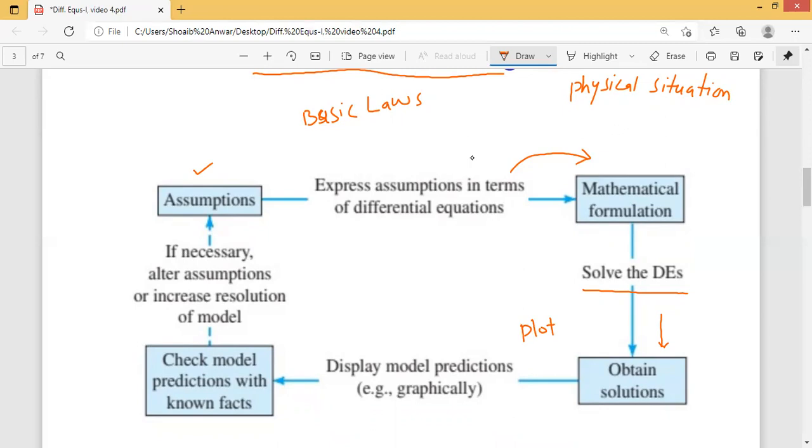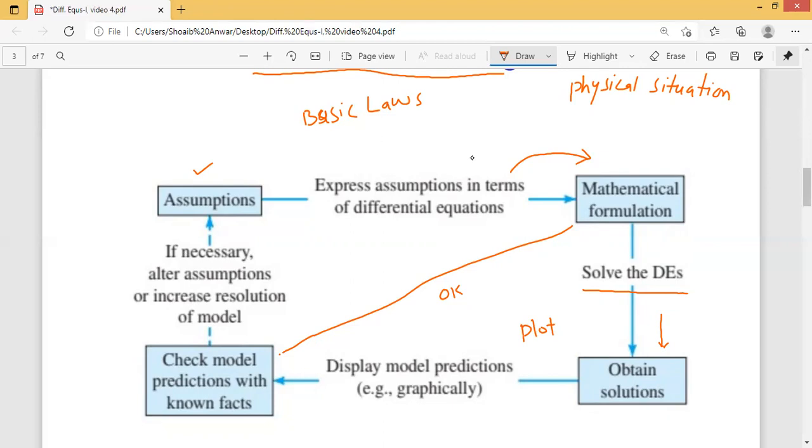If our mathematical model solutions coincide with the known facts or the known data, then we say our mathematical model is okay, and we use that mathematical model to predict the future or to look into the past.